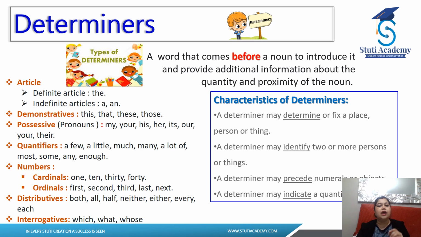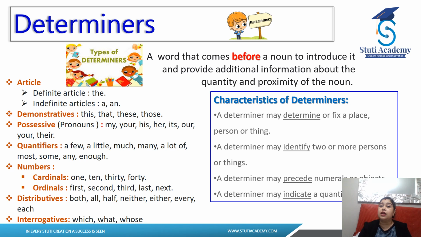The second one is a determiner may identify two or more persons or things. The third one is they may precede numerals or objects. So these are the ways you will be able to identify determiners. And the determiners will also indicate quantity.